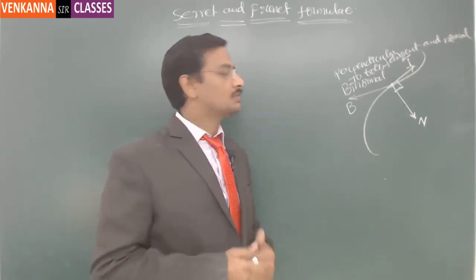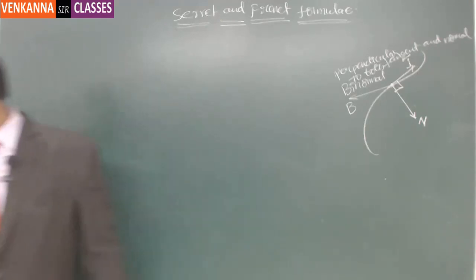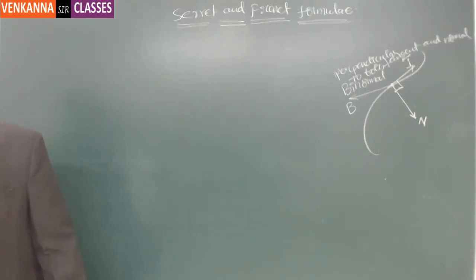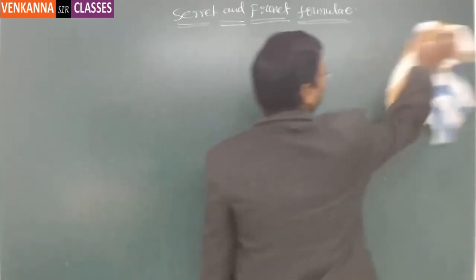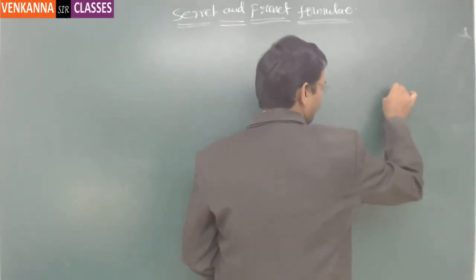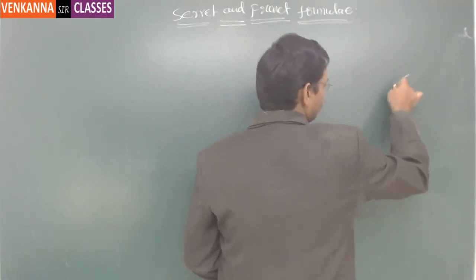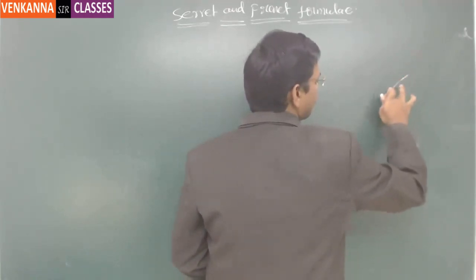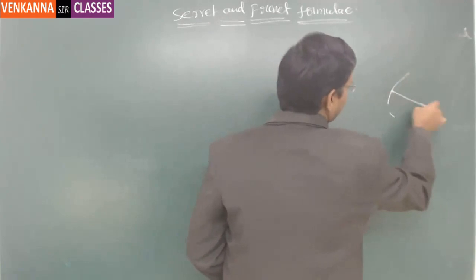Let me draw that. So at one point, you can find out a three-dimensional shape. So let us say this is the curve point, and this is the curve, and then this is the normal.